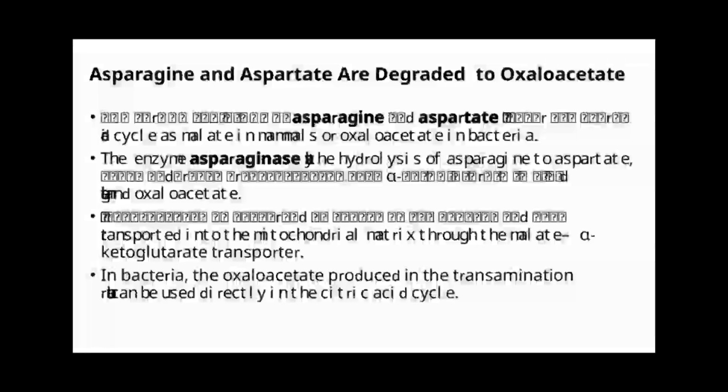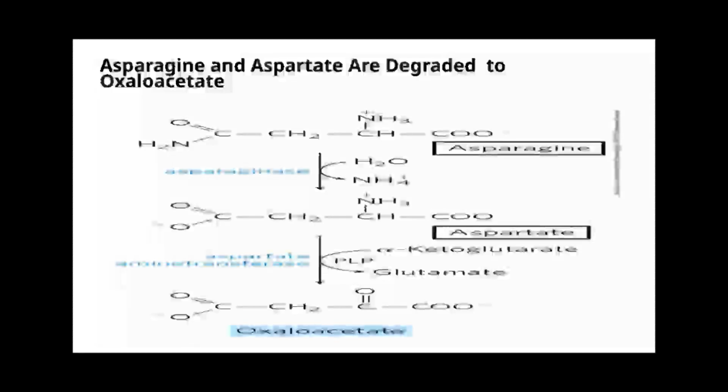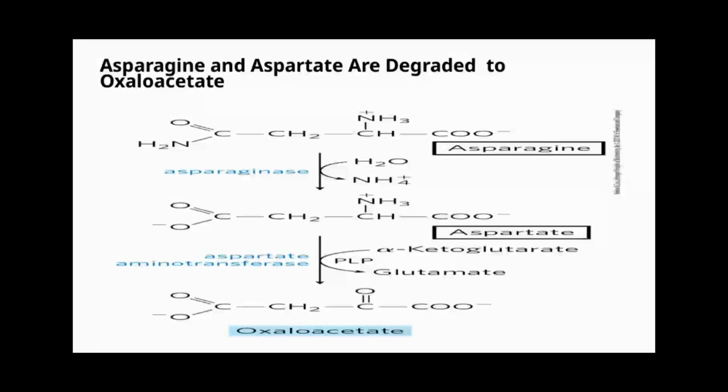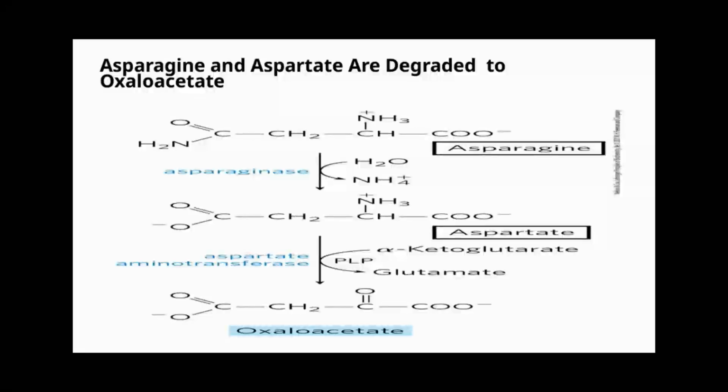Asparagine and aspartate are two amino acids that play interesting roles in metabolism, and today I want to highlight how they are degraded into a common intermediate, oxaloacetate. Essentially, through specific enzymatic reactions, both amino acids are broken down, releasing their nitrogen groups and ultimately converting into oxaloacetate, which is a key part of the citric acid cycle. This process is important because it links amino acid metabolism directly to energy production and other central pathways in the cell.